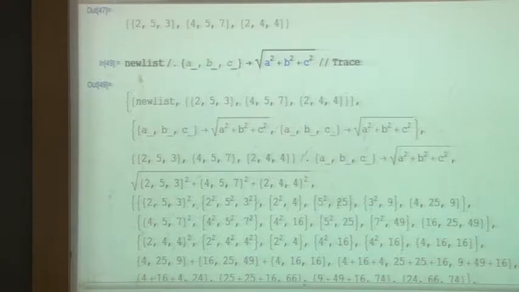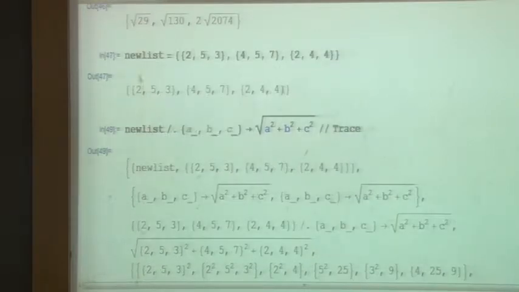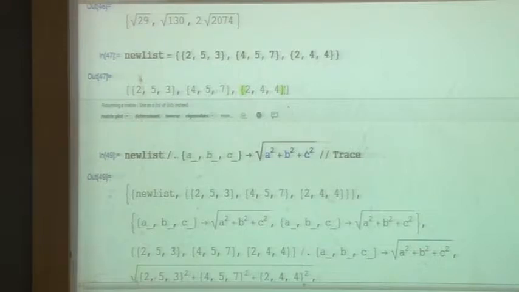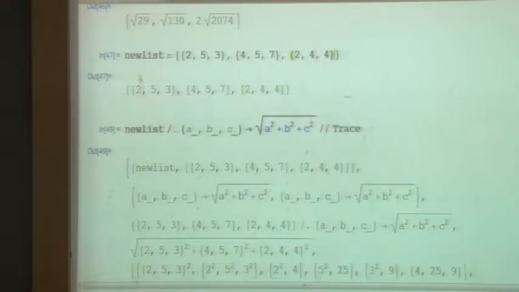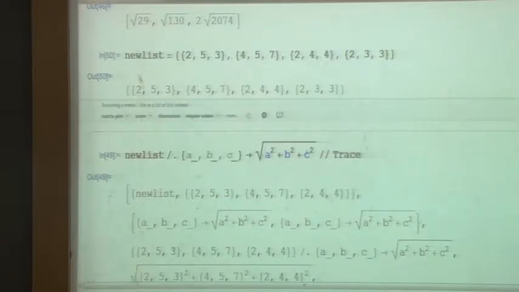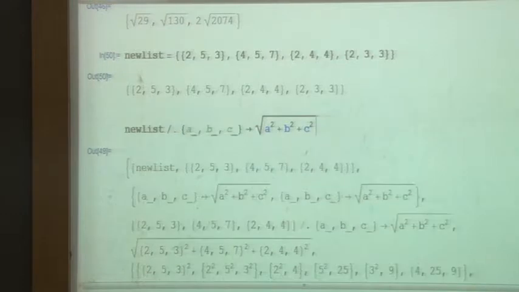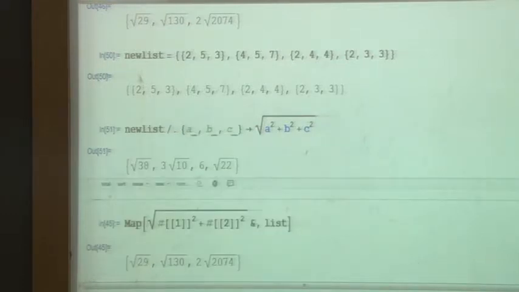Look at this. If I change the initial list, the new list, and I put another element, 2, 3, 2, or 3, alright? Now, if I apply this, my problem is gone, yes or no? So what was the problem?